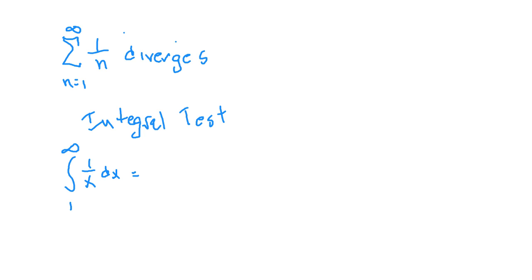And the antiderivative of 1 over x, what's the antiderivative of 1 over x? Natural log. All right, so that's right, Tosh. So to be more formal, of course, we have to let t go to infinity, and replace our infinity on top with t.